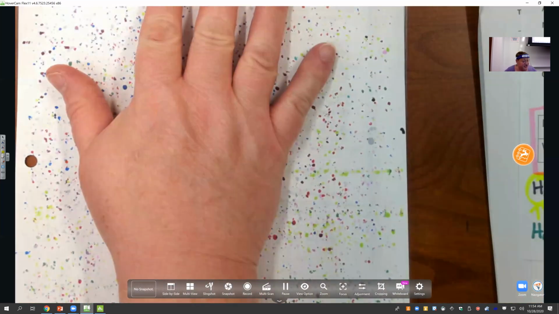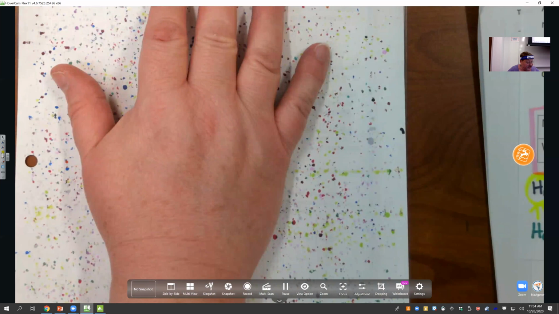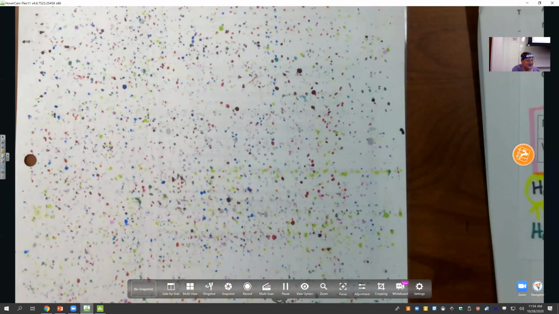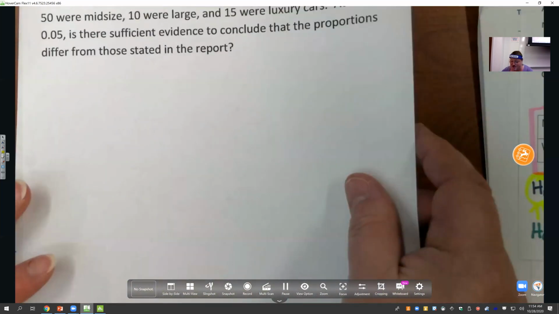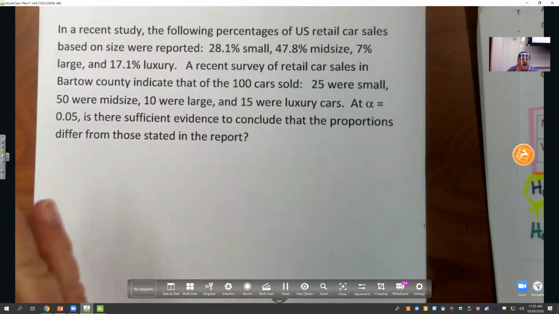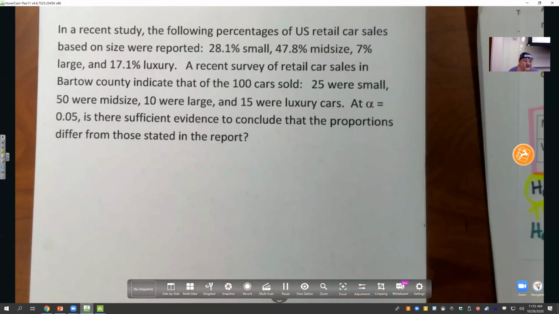Now, I want to switch gears and look at an example where you have specific or different percentages.